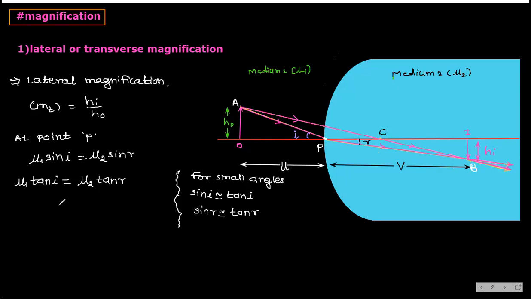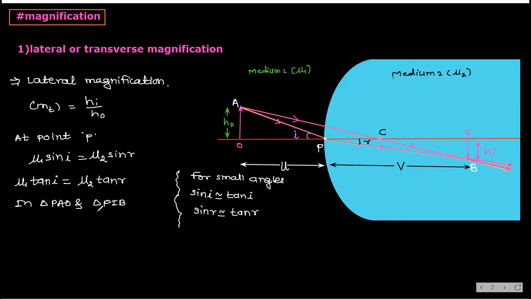You see triangle POA, in triangle POA and PIB.